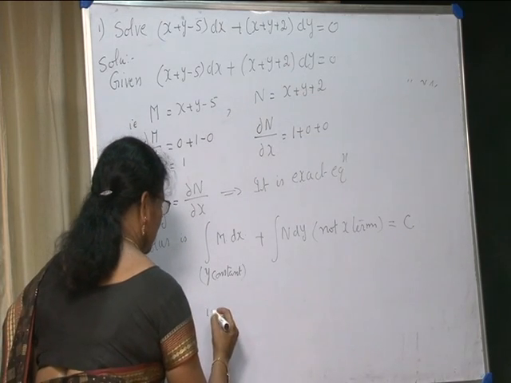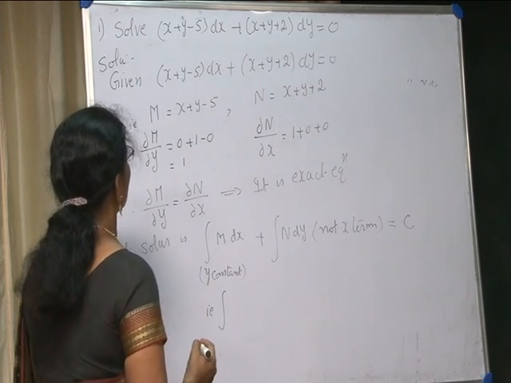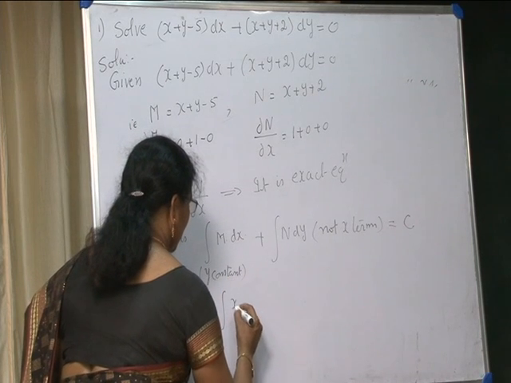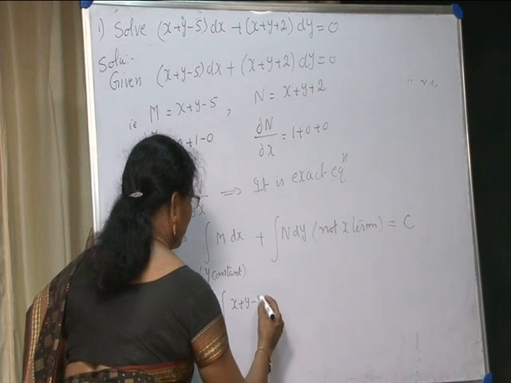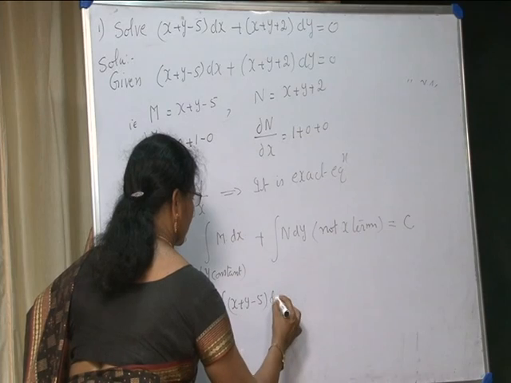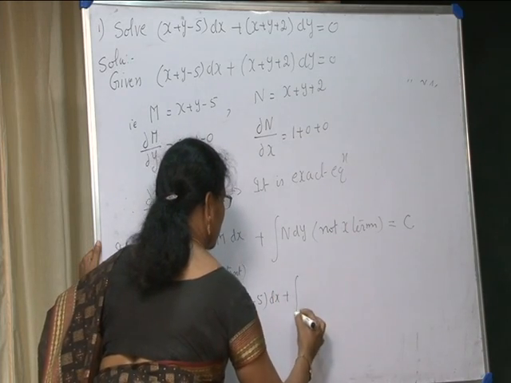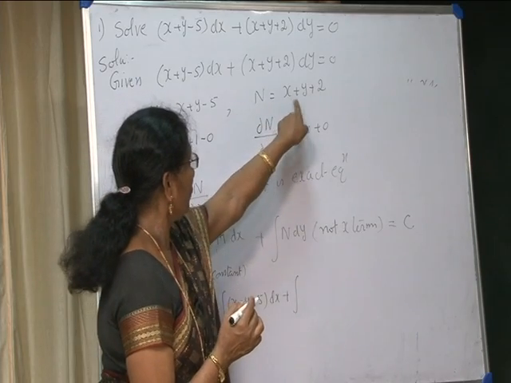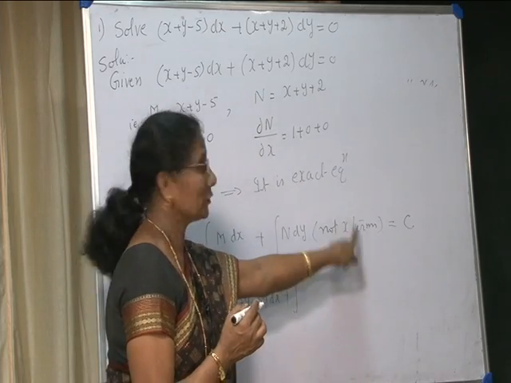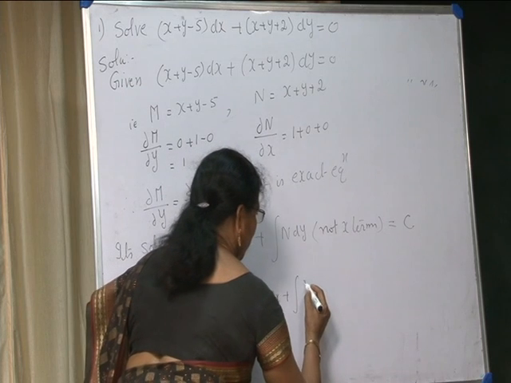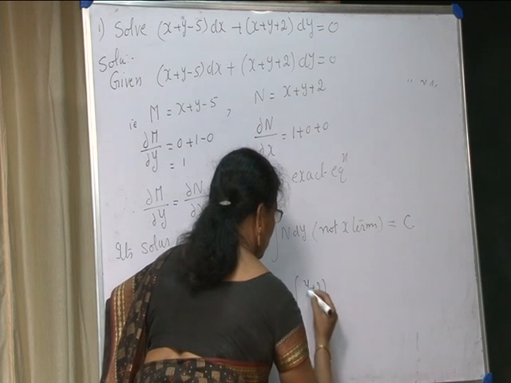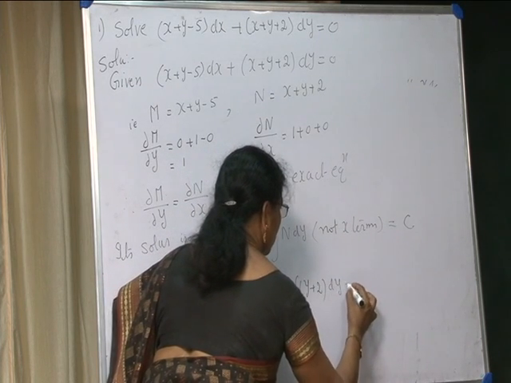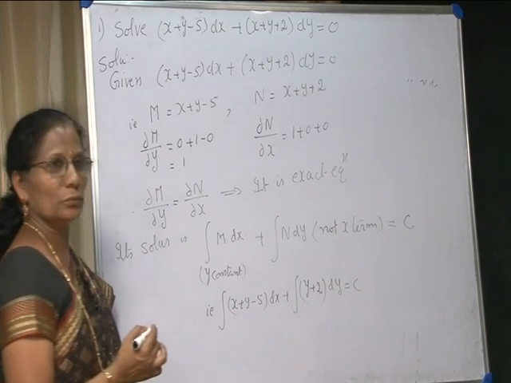That is integration of x plus y minus 5 with respect to x plus integration of N with respect to y. Only not x terms, so we take only y plus 2.